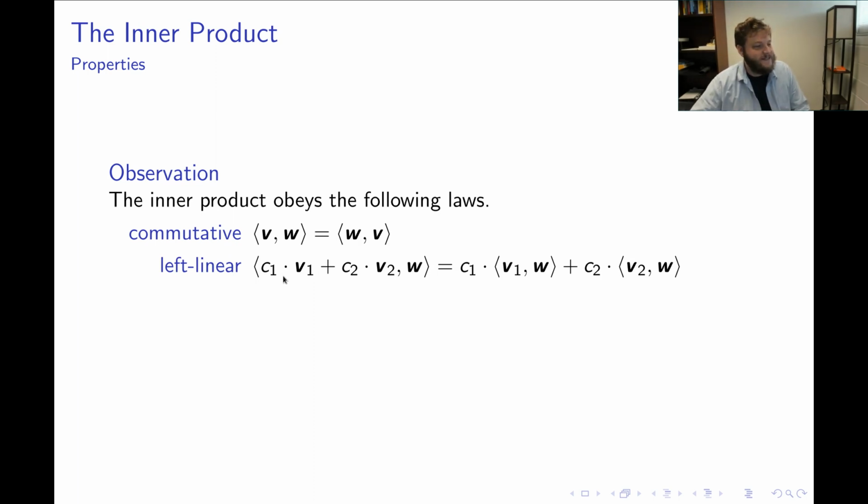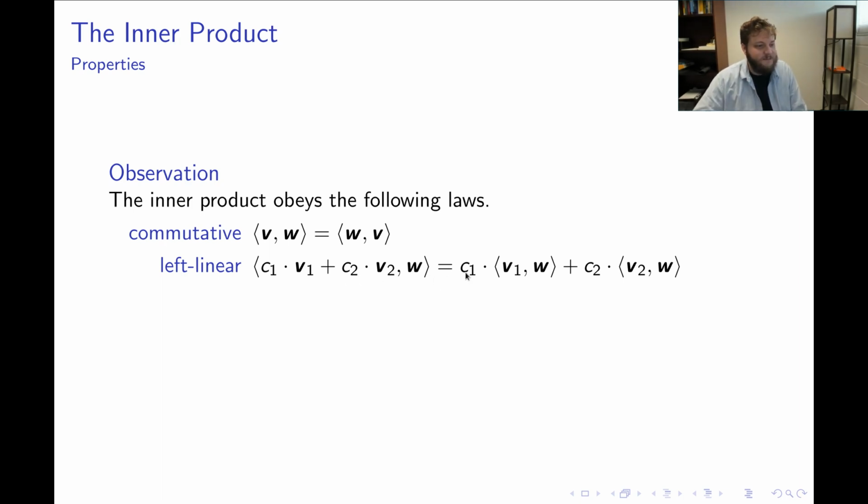So the idea is that if the first vector in my inner product is actually a linear combination of two vectors, so c1 times v1 plus c2 times v2, well, if I take an inner product of that linear combination with the vector w, it turns out that I can distribute the inner product across the linear combination in the first position.